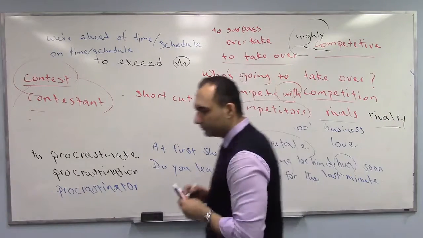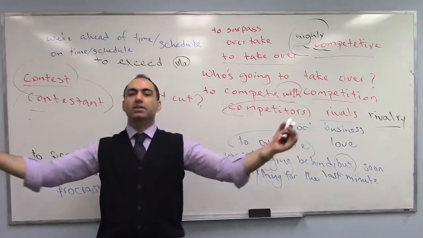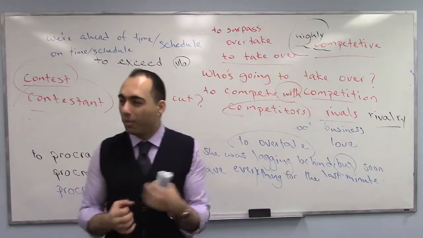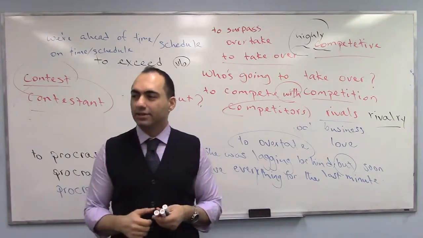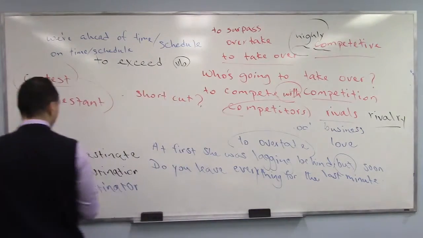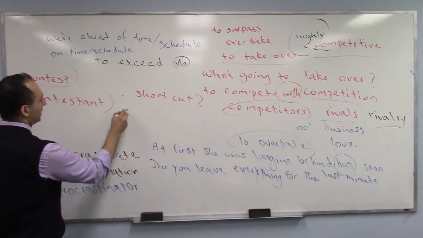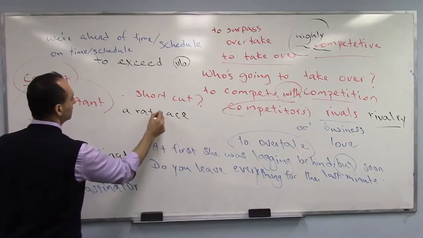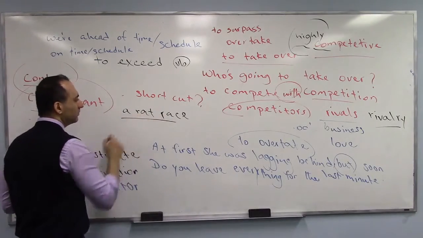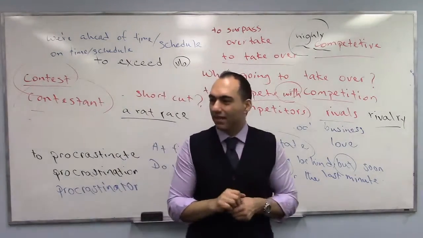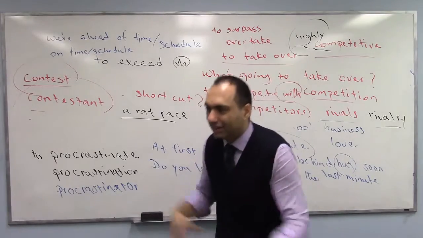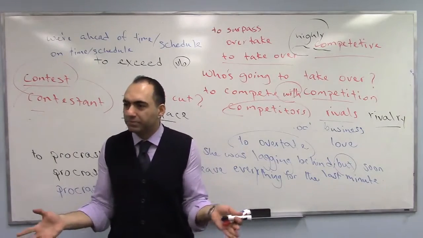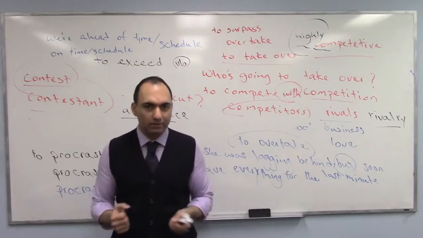So this rivalry, this competition, sometimes they say if the competition is so bad and people are so nasty, this is like a rat race. You know a rat race? Have you seen a rat race? Rats are running, and it's like there is no ethics, there are no principles, people have no values, they just want to win.